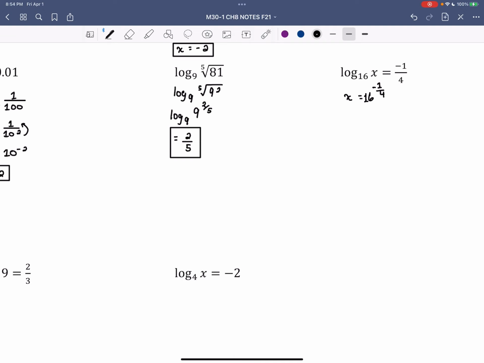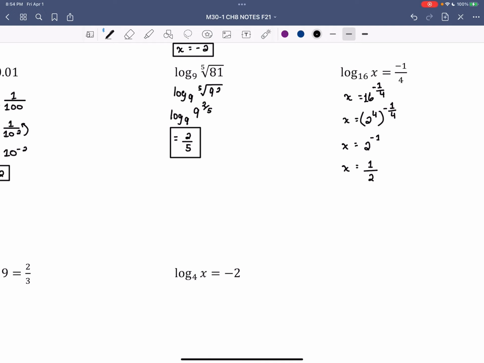And we could simplify this. 16 can be written as 2 to the power of 4, and then to the power of negative 1 over 4. Then we multiply those exponents together. 4 times negative 1 over 4 gives us 2 to the power of negative 1, which then gives us 1 over 2.